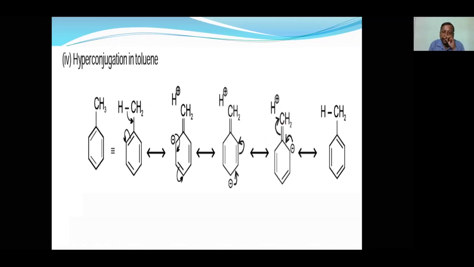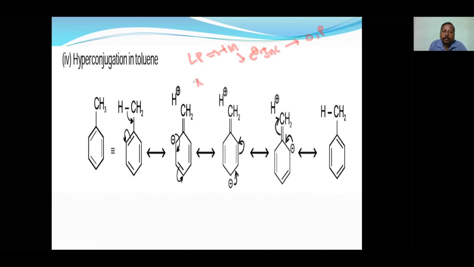Next, hyperconjugation in toluene. Now I told you in resonance there are some exceptions. Exceptions in organic chemistry do not mean that there is no explanation. The explanation is there. Now people ask, sir, you said if a lone pair is there, it is plus M, the electron density increases, so it is ortho para directing.